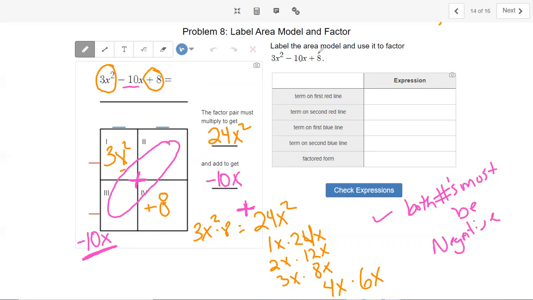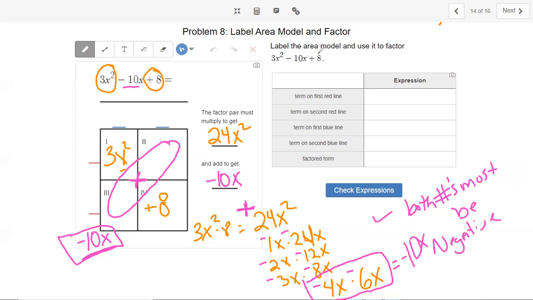So in other words, I'm just going to make them both negative. Now I go through and ask myself what ones will add to negative 10x? Well, negative 1 plus negative 24 won't. Negative 2 plus negative 12 is negative 14. That won't. Negative 3 plus negative 8 is negative 11. That won't add to negative 10. But what about negative 4 plus negative 6? That will give us negative 10x.